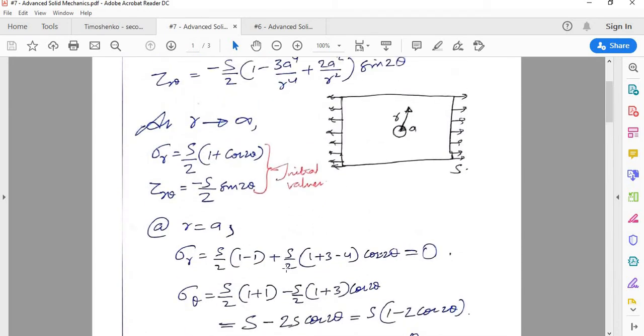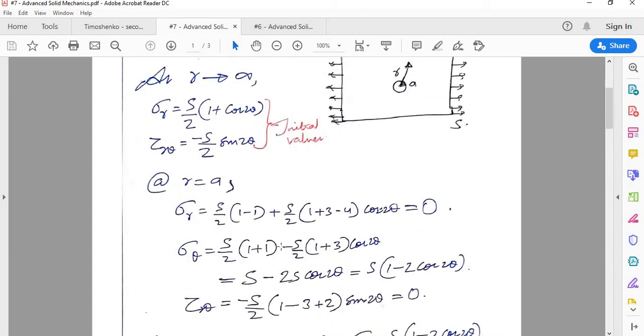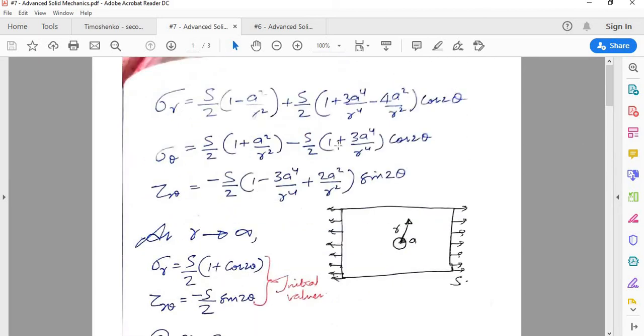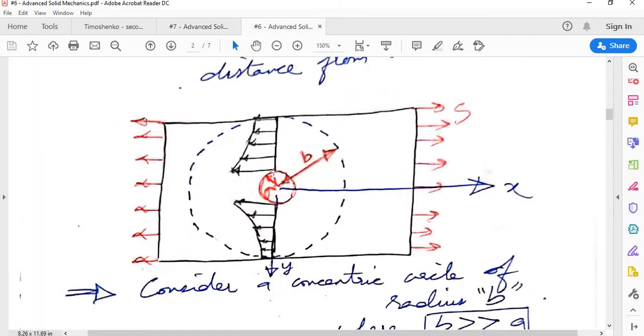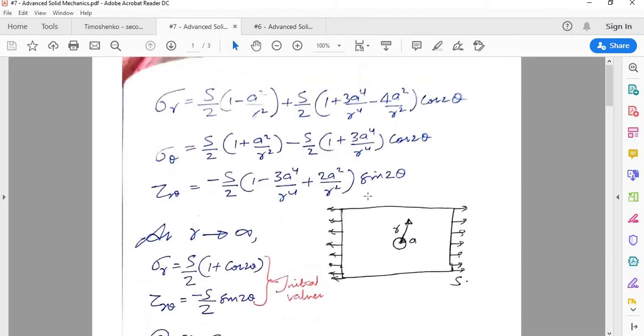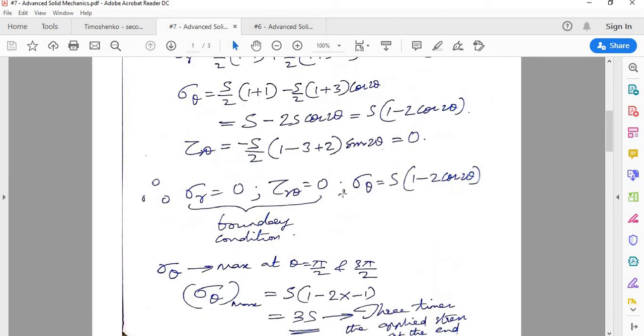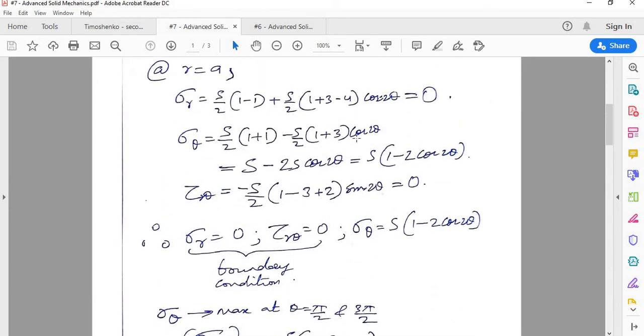That is what we will be analyzing, because as I told you, in this plate with a hole, strictly speaking, on the surface there is no sigma theta. So sigma theta you will get as you move inside the surface. This is our expression. Sigma theta is s into 1 minus 2 cos 2 theta, where s is the external stress.